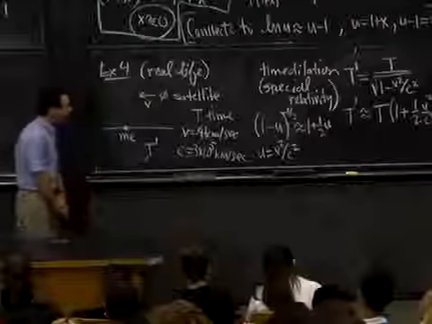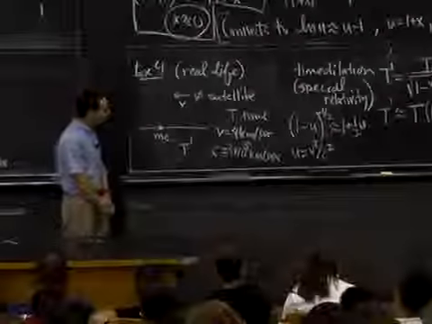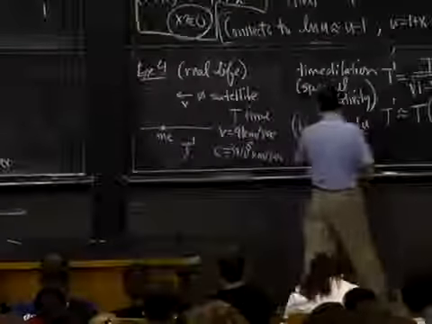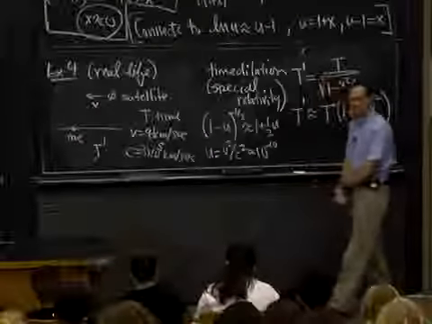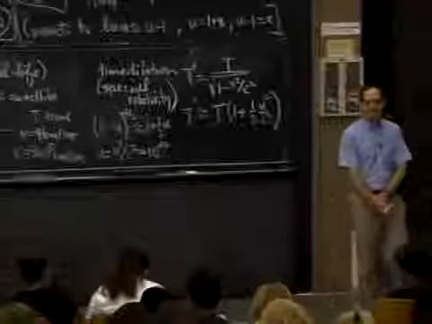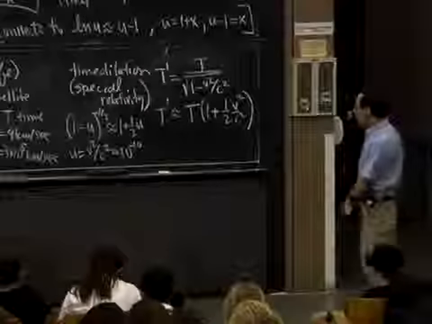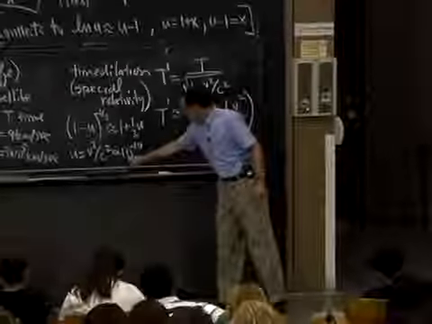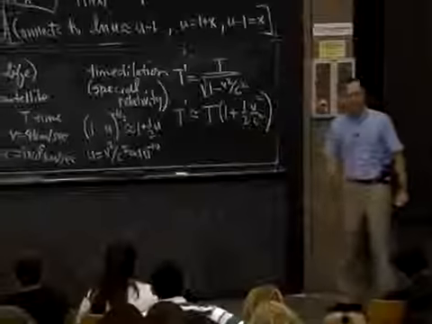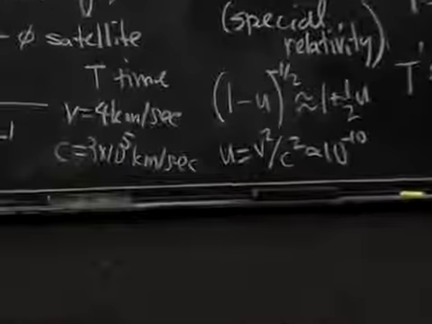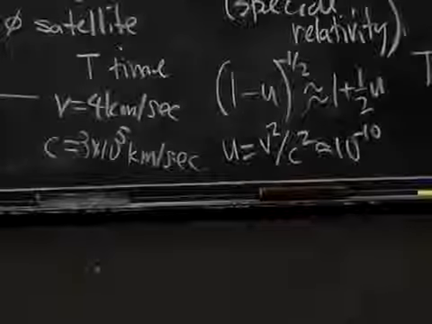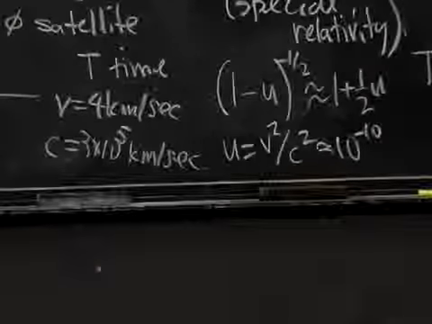So this number, v squared over c squared, is approximately 10 to the minus 10th. Now, if you actually keep track of how much of an error that would make in a GPS location, maybe it's a millimeter or something like that. So in fact, it doesn't matter.